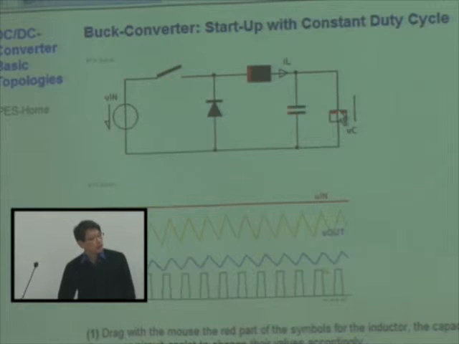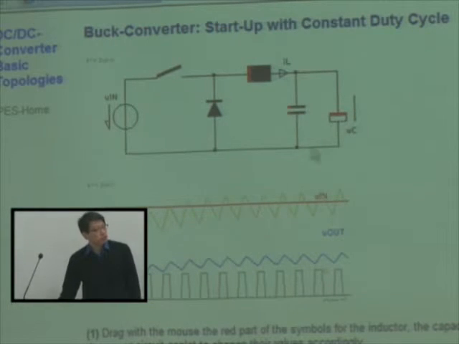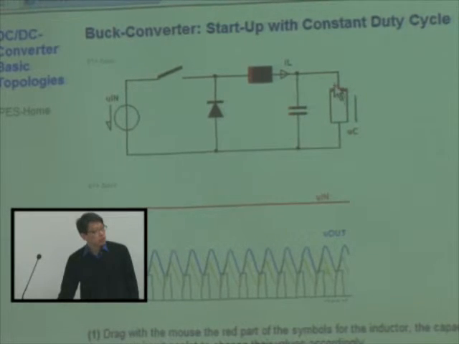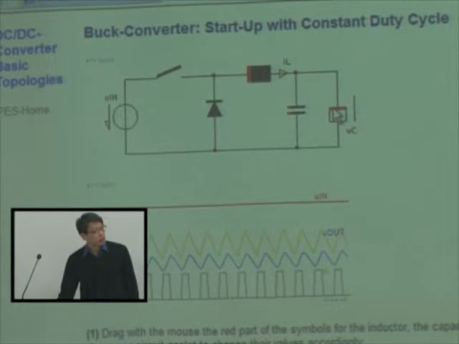Decreased resistance means increasing the load, and increasing the resistance means decreasing the load. When I change back and forth, the output voltage is maintained the same, but it only changes the ripple.